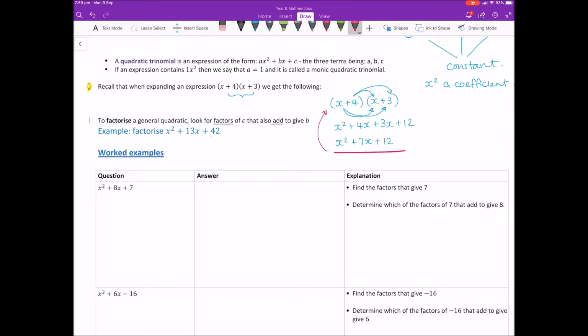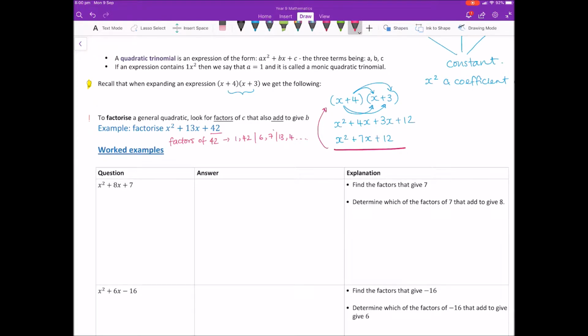For example, if we look at x squared plus 13x plus 42, what I would do is look for numbers that multiply to give us 42. So factors of 42, which include 1 and 42, 6 and 7, and 3 and 14, and there's a few more.